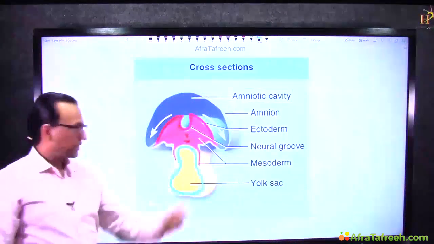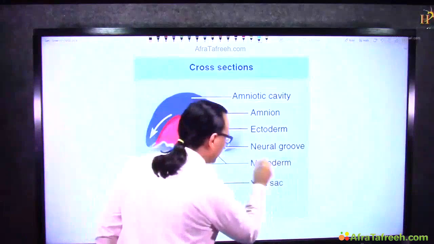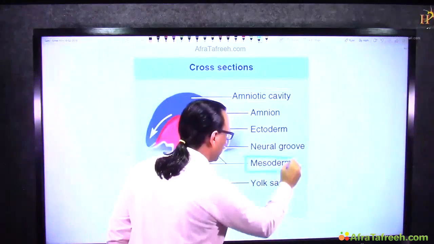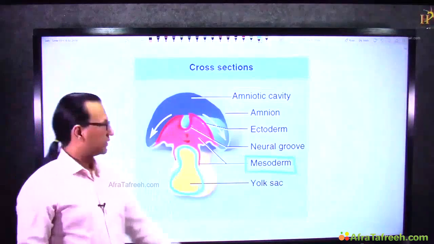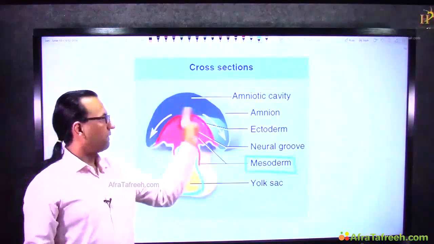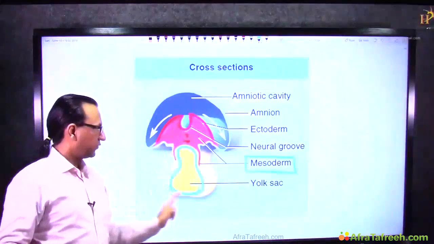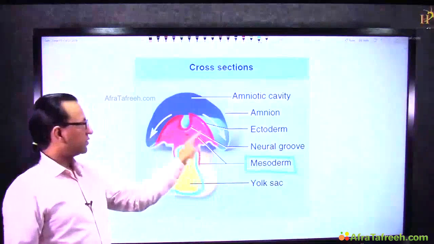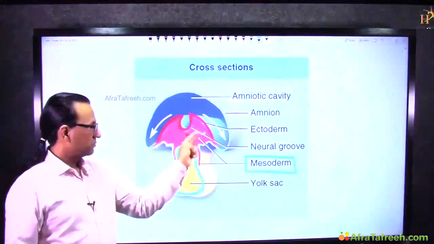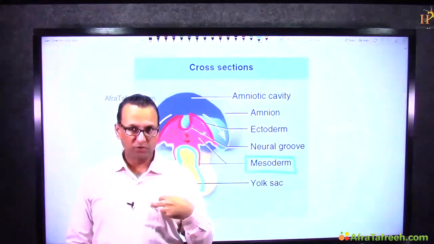There is one more layer in the middle, that is the mesoderm, and we will later see what the mesoderm is going to form, which tube it is going to form. Because the ectoderm is going to form the neural tube, the nervous system, the endoderm is going to form the gut tube, whereas the mesoderm is going to form the cardiovascular tube, that we will see in due course of time.